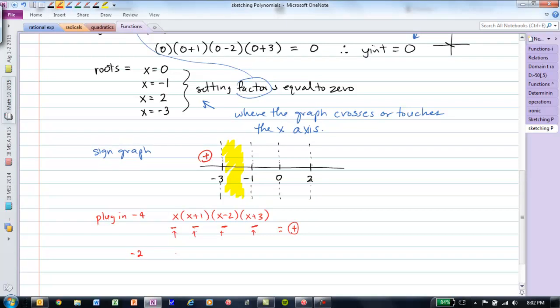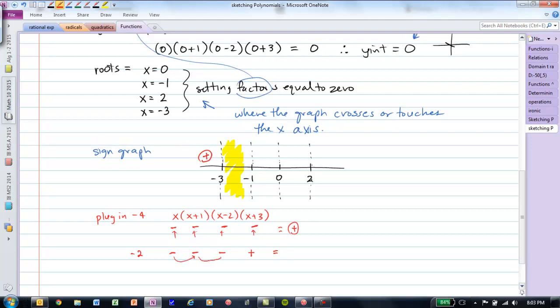If I plug in negative 2 for x, I get a negative. Plug in negative 2 for x plus 1, I still get negative. Plug in negative 2 for x minus 2, I still get negative. Plug in negative 2 for x plus 3, I get positive. So if I multiply negative times negative, that gives me positive.